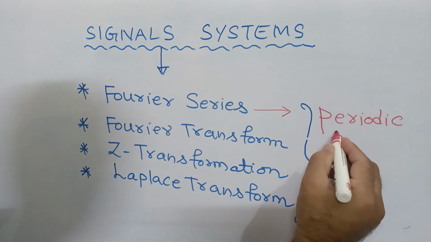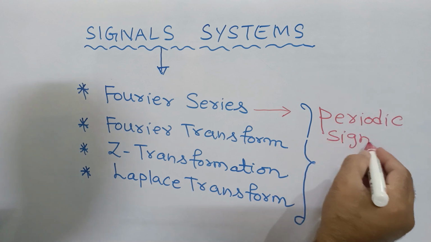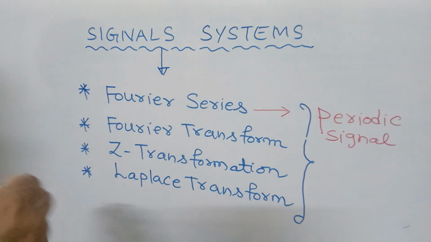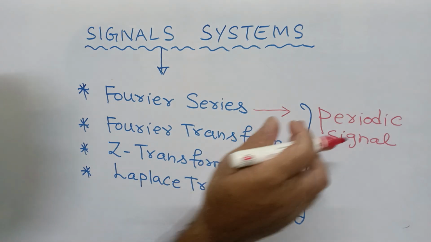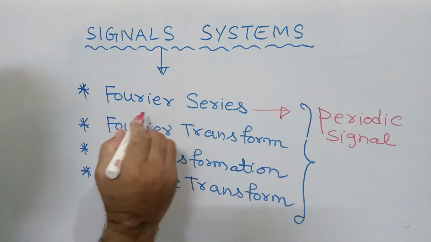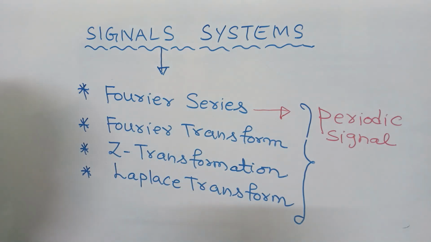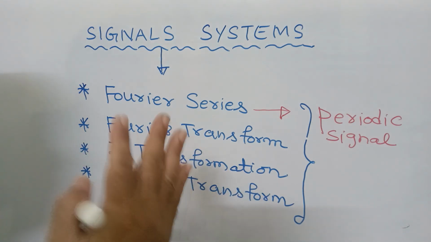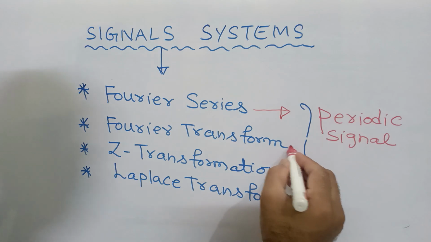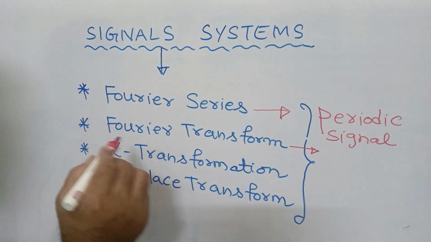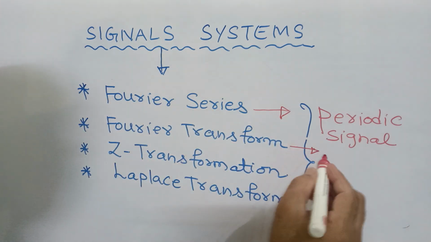To study the characteristics or the behavior of a periodic signal, the Fourier series will be used. Whereas to study the behavior or characteristics of a non-periodic signal, the Fourier transform will be used.